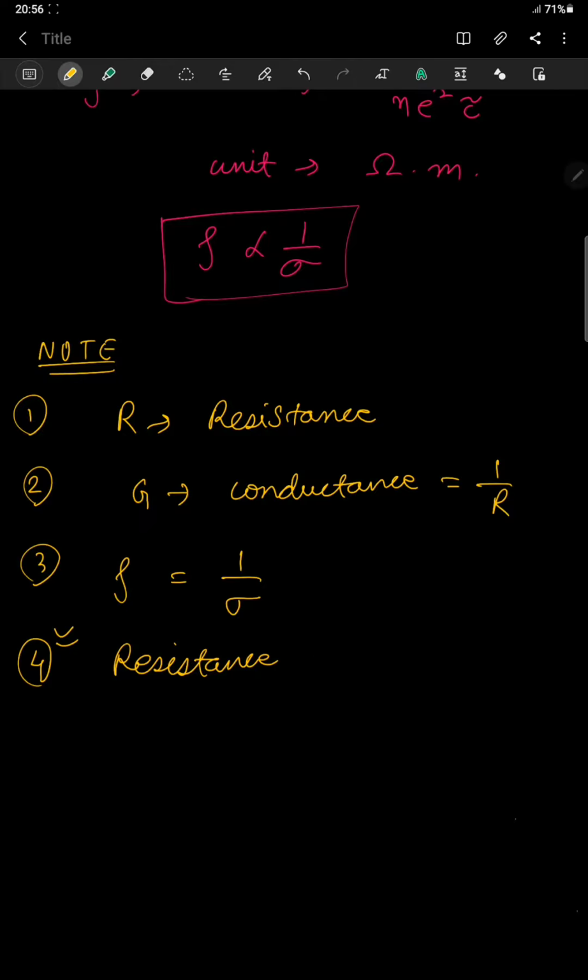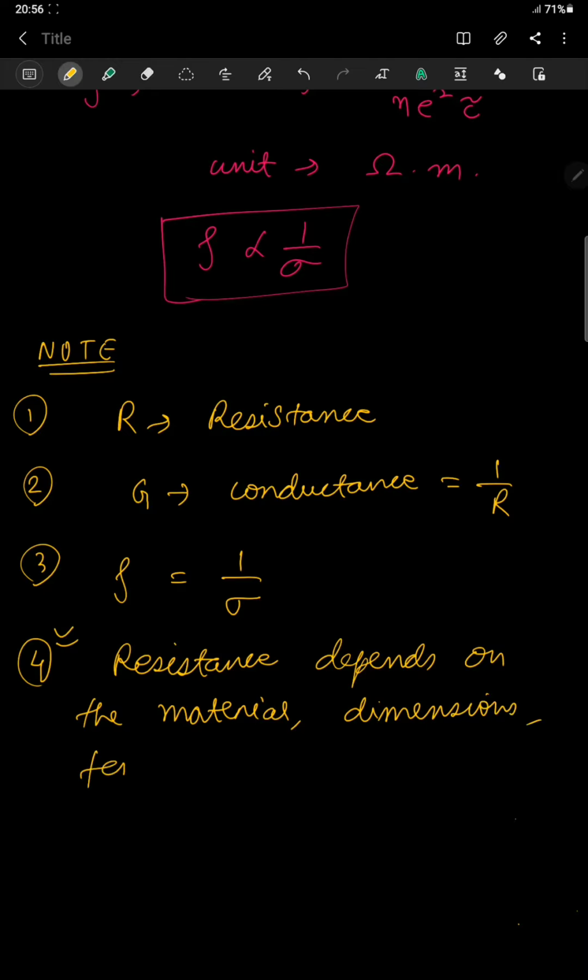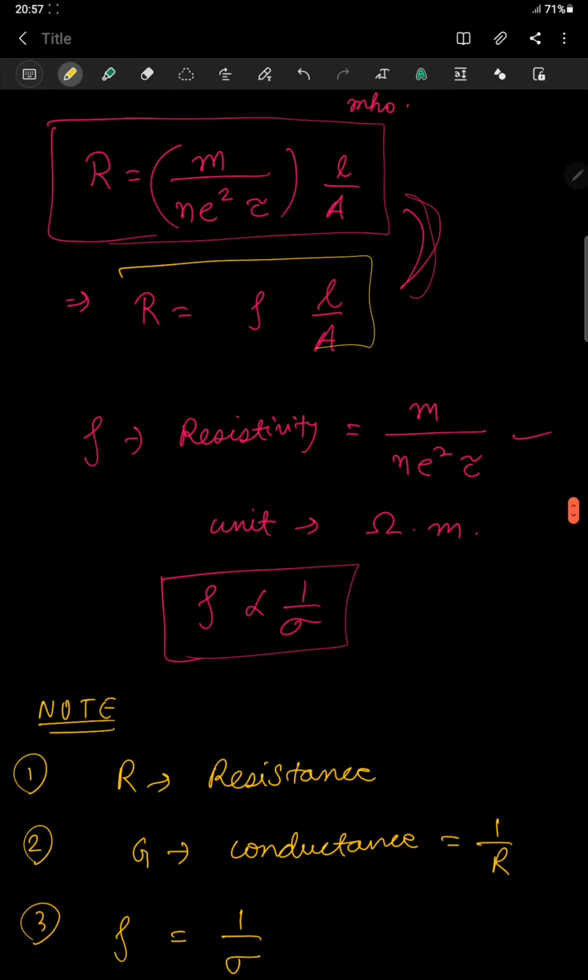The resistance of a body, a conductor, depends on the material, dimensions, temperature, and, very important, the direction of flow of current. So R is equal to rho L by A.